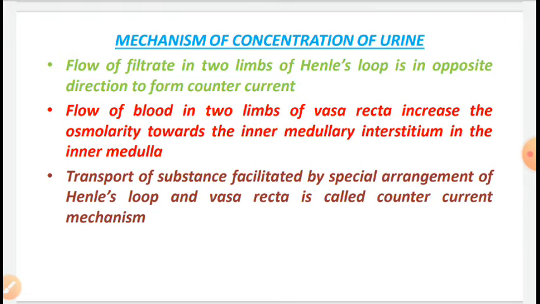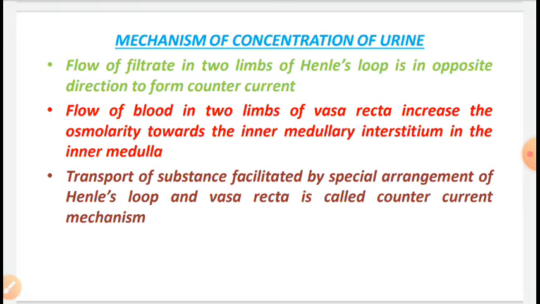It's a type of concentrated urine or filtrate. Human kidney can produce urine nearly 4 times more concentrated than the initial filtrate. So by this counter current mechanism, when we study it, we can understand why it takes place.